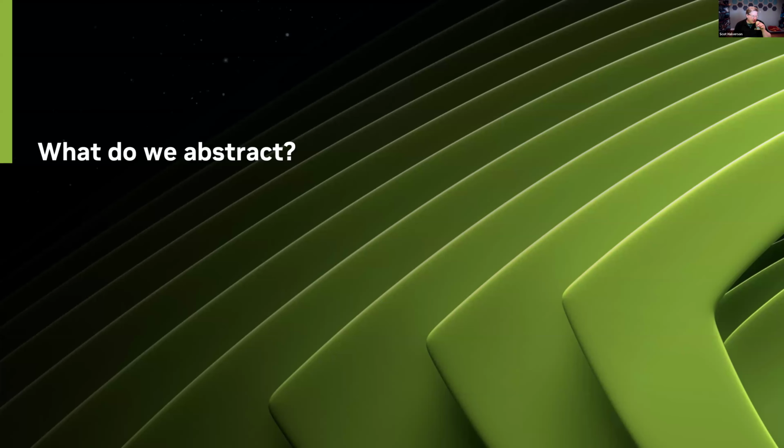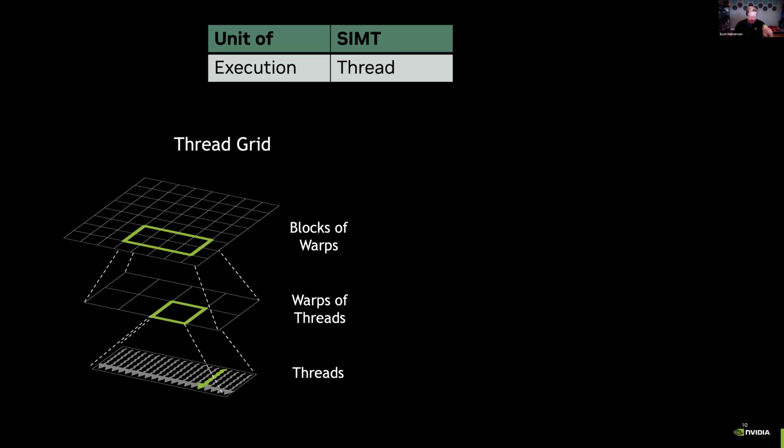So what do we actually abstract? In the context of CUDA SIMT, single instruction, multiple thread, the unit of execution is a thread. So you write functions that are executed by many threads at once, and we call these kernels. The set of threads that a SIMT kernel runs on is called a grid, and it's hierarchical.